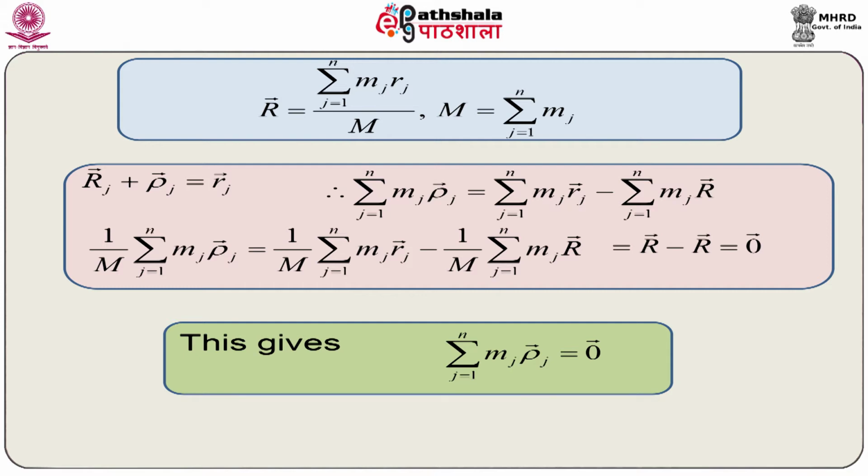Now, this gives capital R vector, and using this result, this and this cancel each other. So, we get 0 vector. Therefore, we get an interesting result, that is summation over j equal to 1 to n small mj into rho vector suffix j equal to 0 vector.